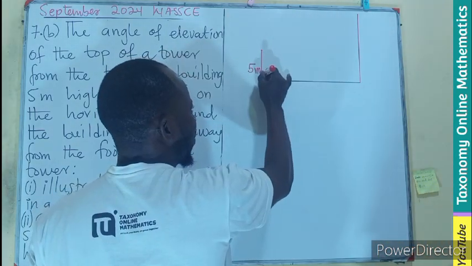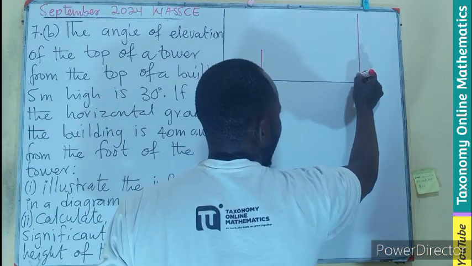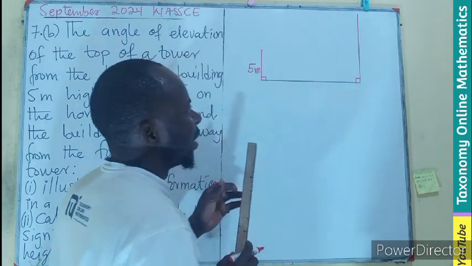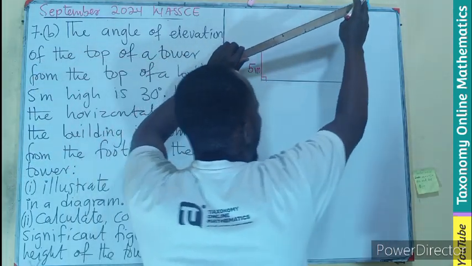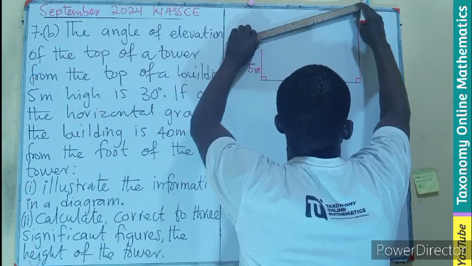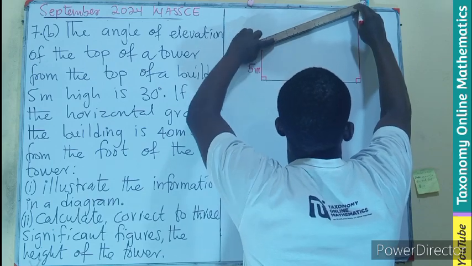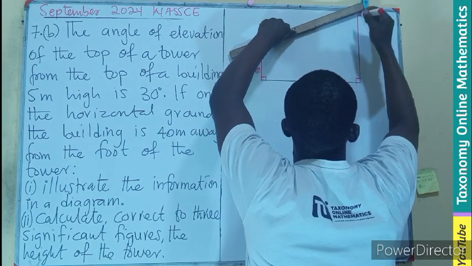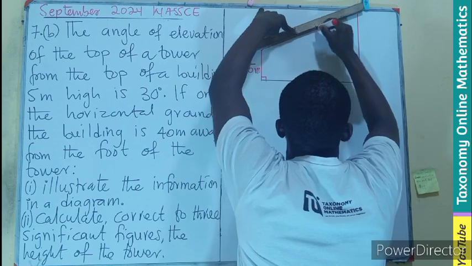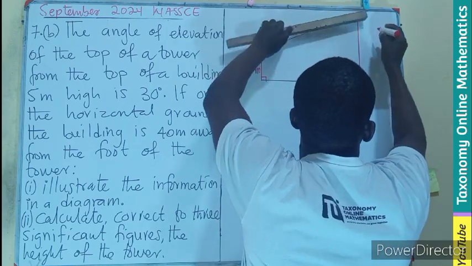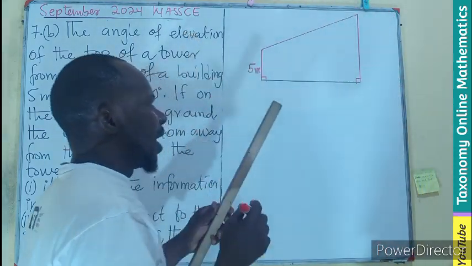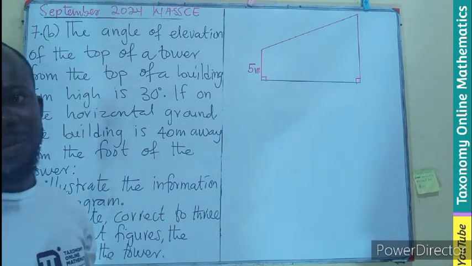In this case, it is perpendicular, so we can have this angle to be a right angle. Now, if I am seeing the top, let's make an eye contact or the eyesight. So this is going to be the top of the tower.